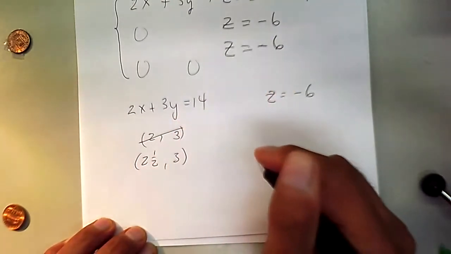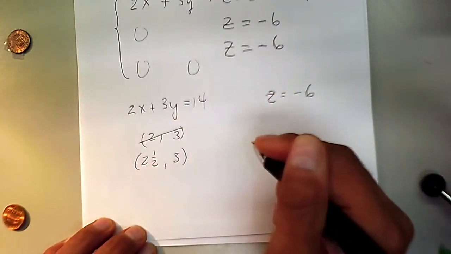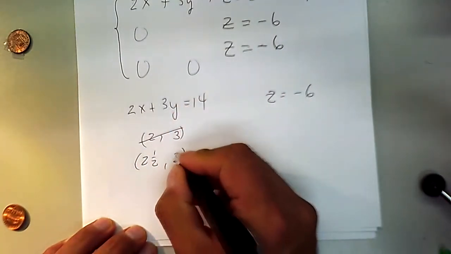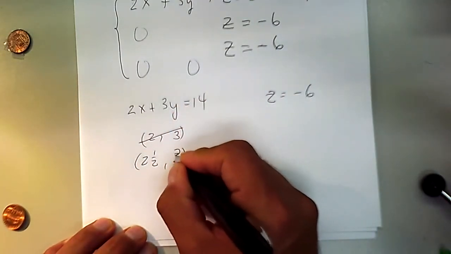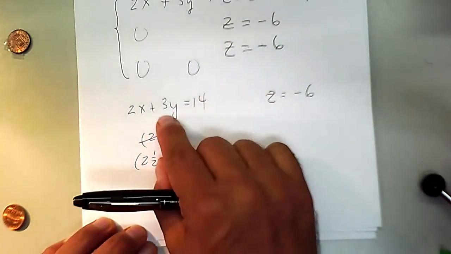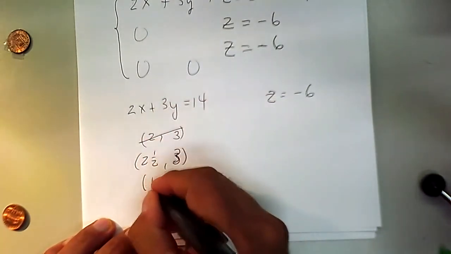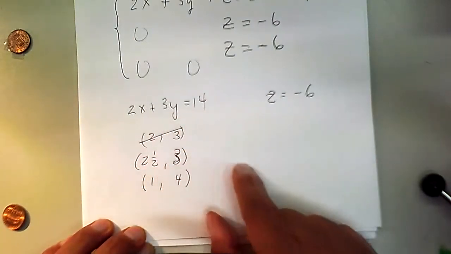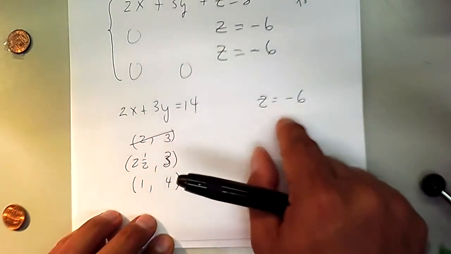But y could be, I don't know, 4. So that is a 3. That would be 12. So 1, 4, that's an easier number. So 1, 4 is another solution to that. So actually the solution has to include the z.